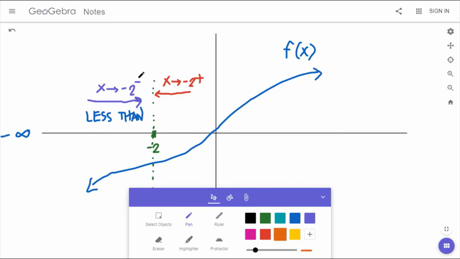Whenever you see a negative sign here, you talk about the left-sided limit. However, when you see a positive sign right after the number negative 2, then you immediately talk about, okay, the right-sided limit.